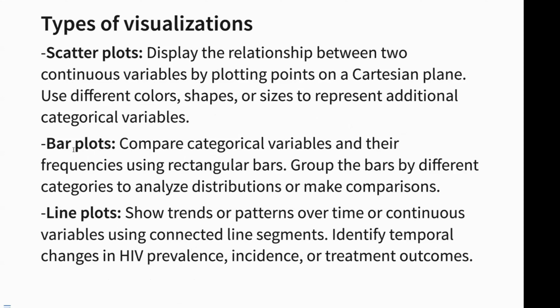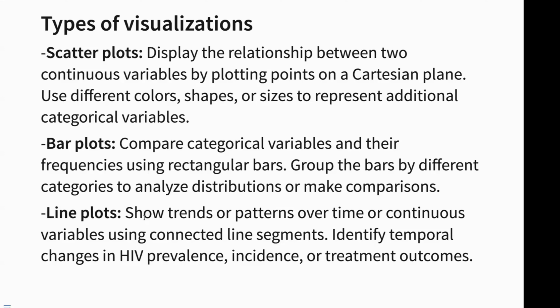Bar plots will come in handy when we want to compare the numbers of people who are HIV positive for a given age group, the way Ashna had grouped the people in that data set.